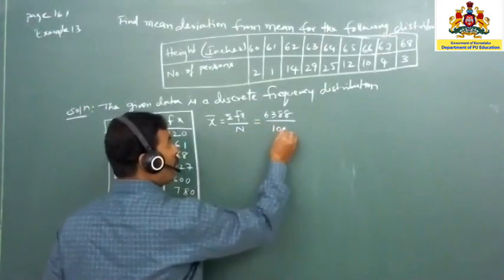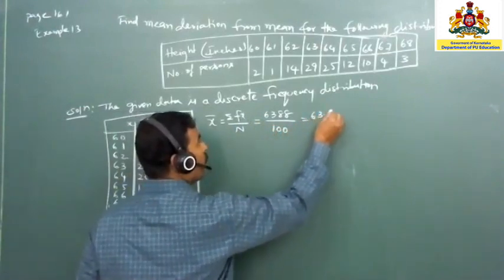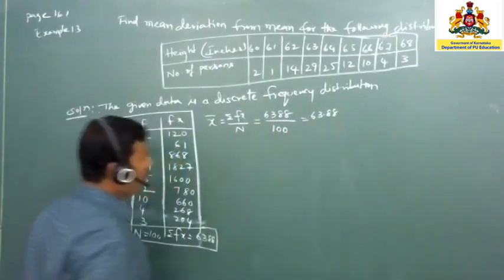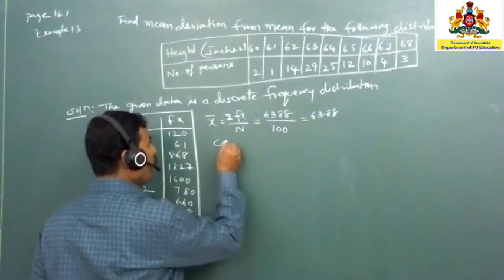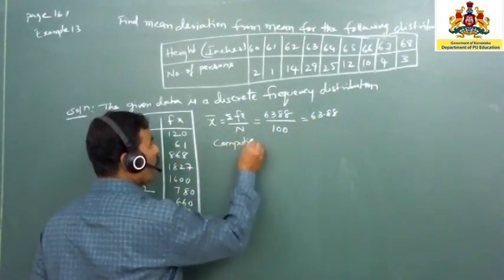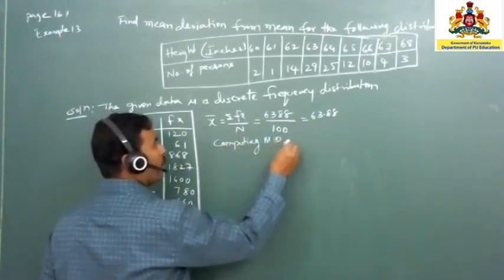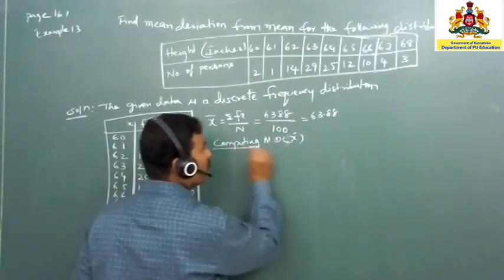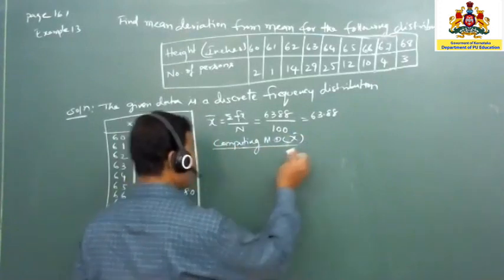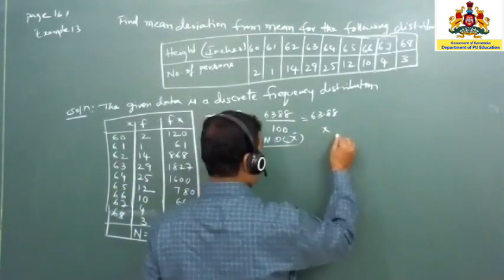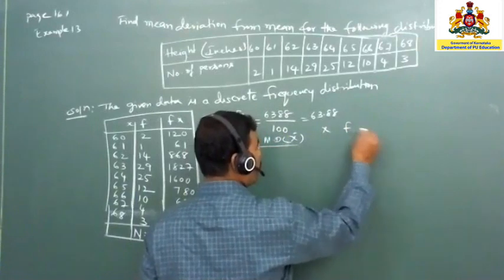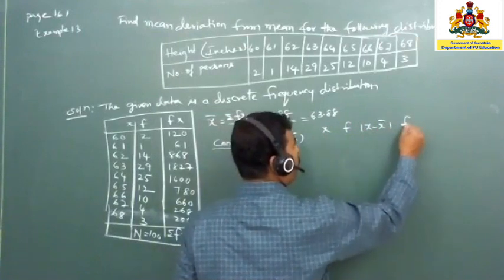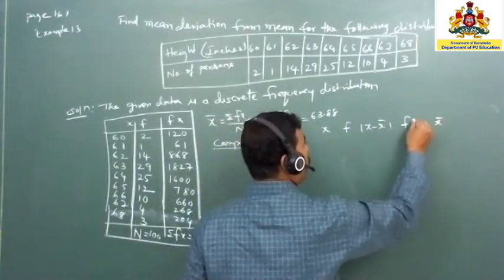So the mean equals 63.88. Now for computing mean deviation from mean, the table is x, f, then modulus of x minus x bar, and f into modulus of x minus x bar.